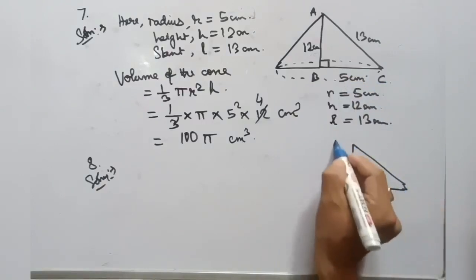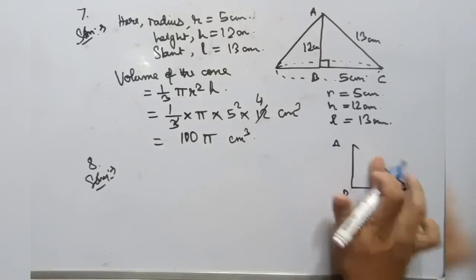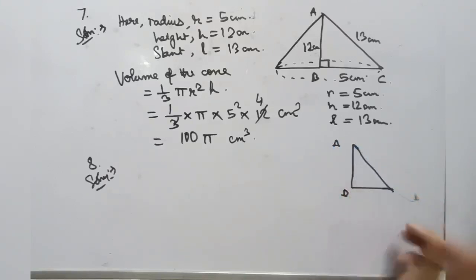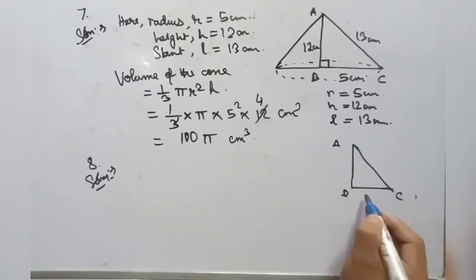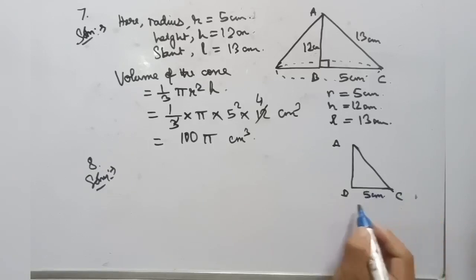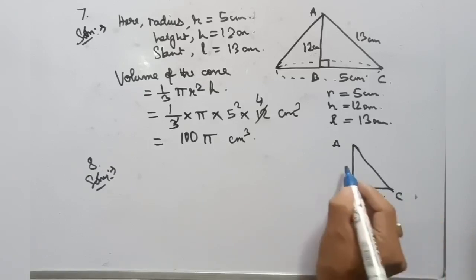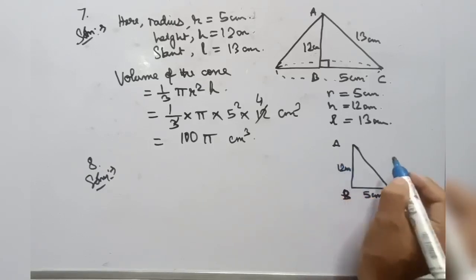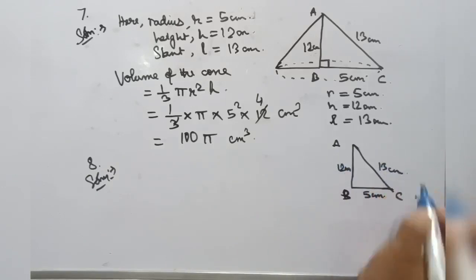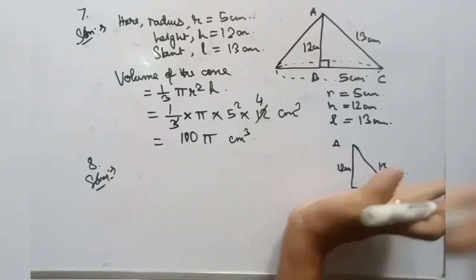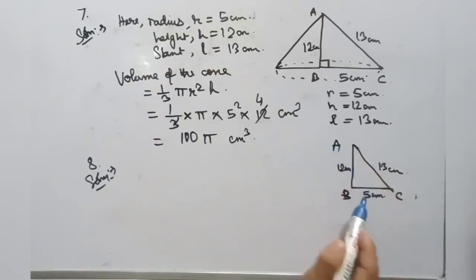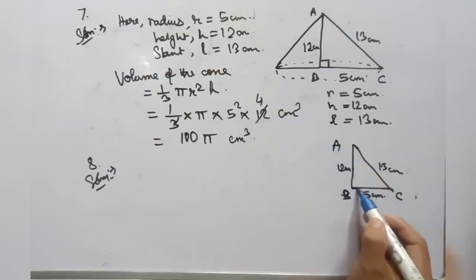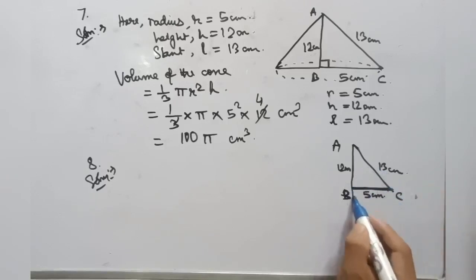This is the right triangle ABC. This is the side which is 5 centimeter long, this is 12 centimeter, and this is 13 centimeter. So if we rotate the right angle triangle about the side 5 centimeter, this 5 centimeter will be the height of the cone so formed.